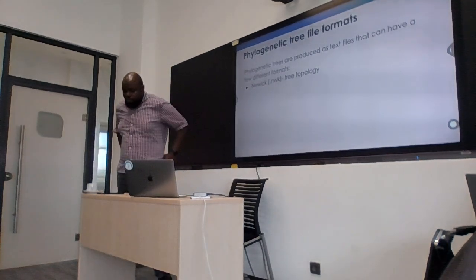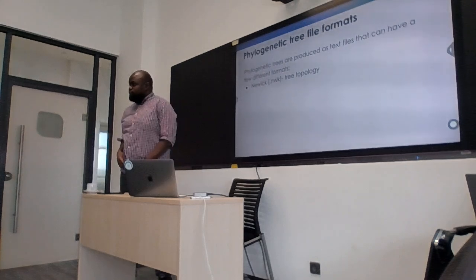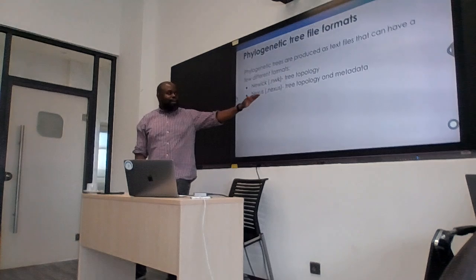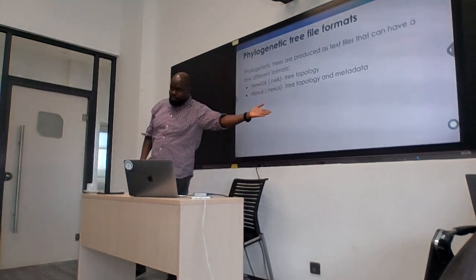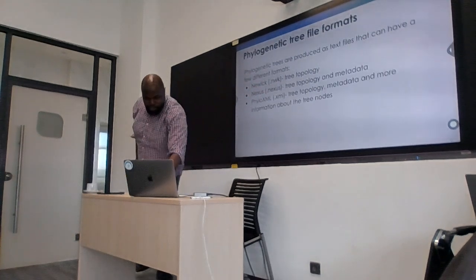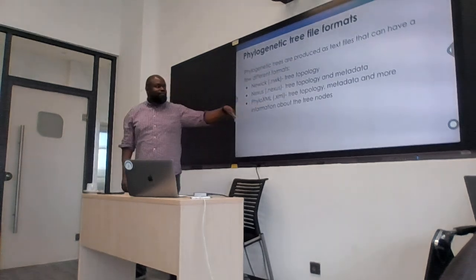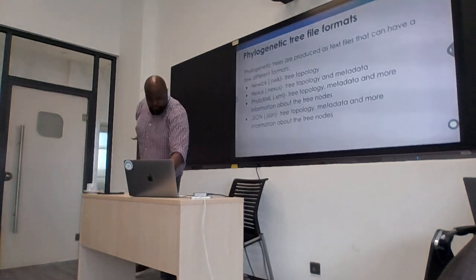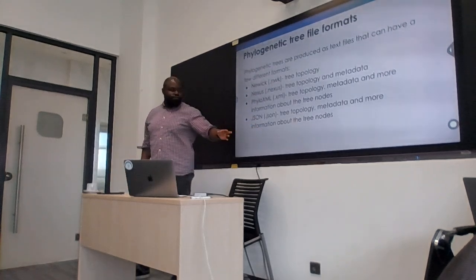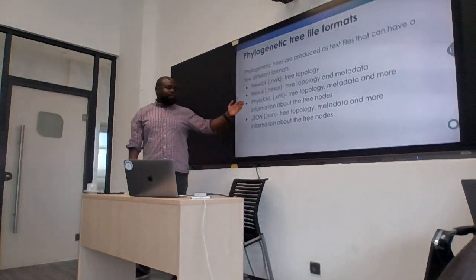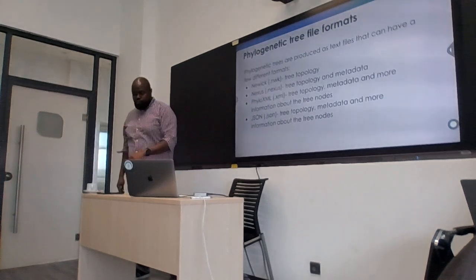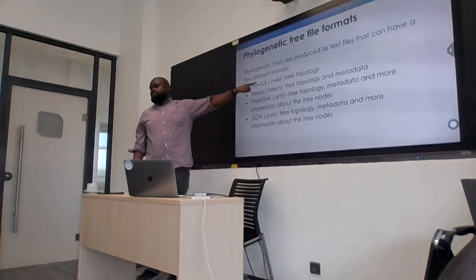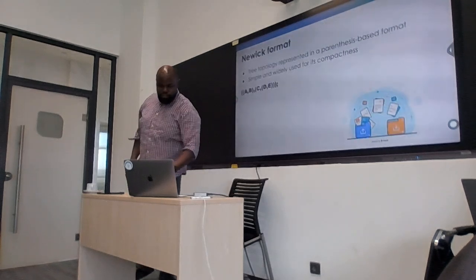The first one is NEWICK, which will have some information on the tree topology. We have Nexus, which will have tree topology and metadata. Then we have PhyloXML, tree topology, metadata, and more information about the tree nodes. Then we have JSON file, which, similar to PhyloXML, will have tree topology, metadata, and some information as well. So you can see this is the simplest. And we'll just have a look at what it looks like.